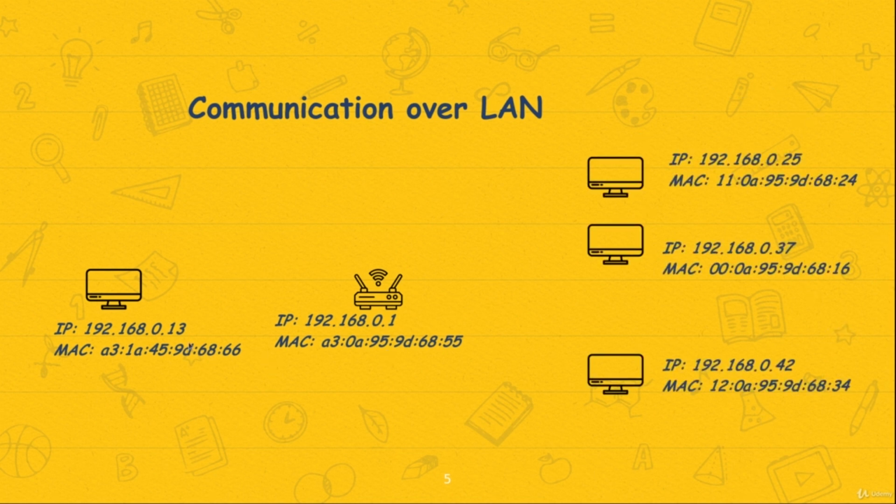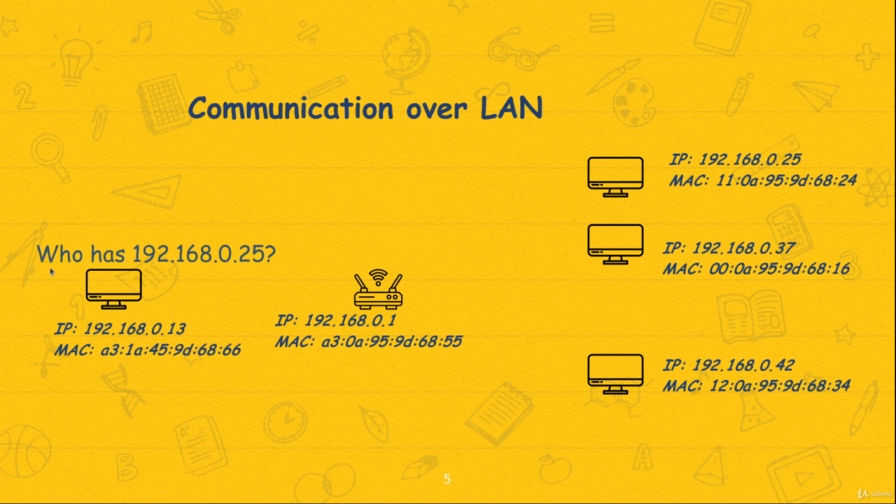Now let's say you want to communicate with the address 192.168.0.25, and this is your machine. So how do you communicate? This PC communicates with this device. In order to do this, it sends an ARP request, and there are different types of request, but this type is called a who-has request.